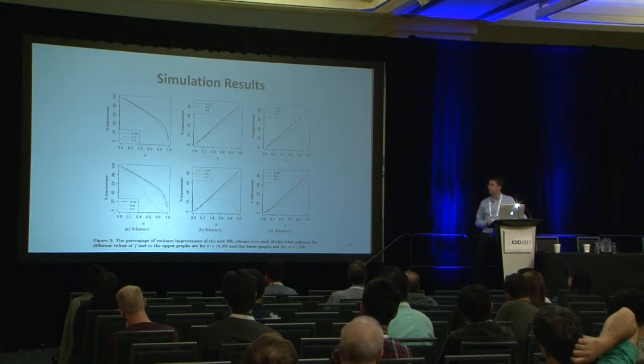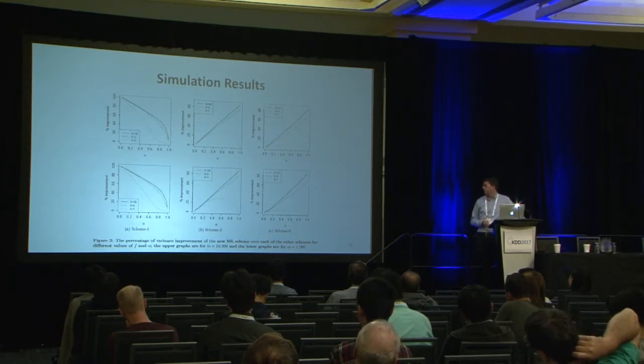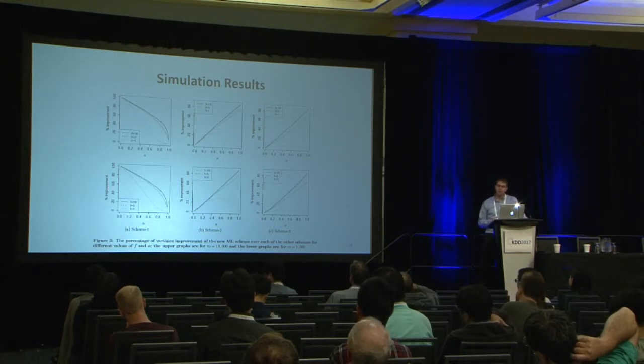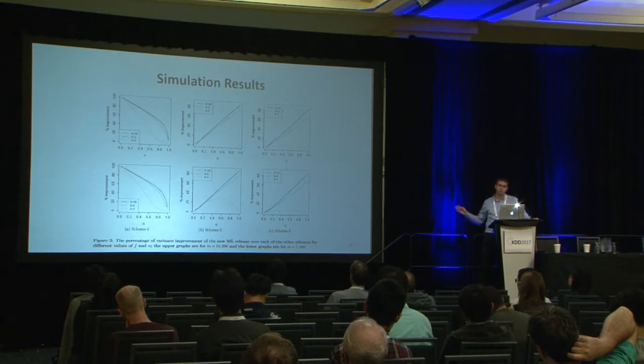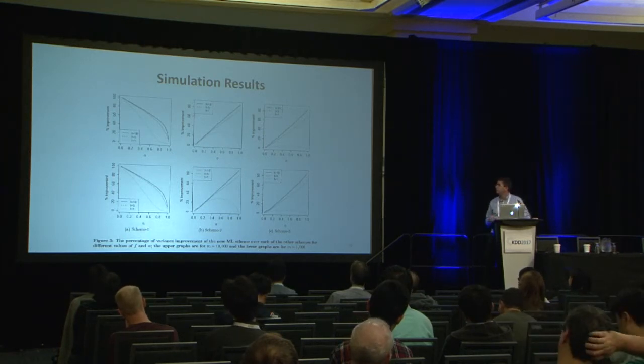The first row is for 10,000 hash functions used, and the second for 1,000 only. And each figure shows the percentage improvement for different intersection sizes from 0 to 1, and different ratios between the sizes of B and A. So let's focus on 2 figures, for example.